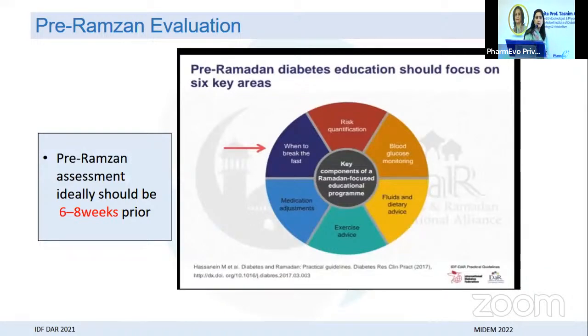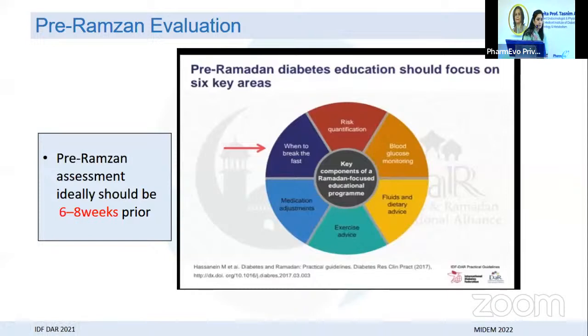What is his motivation for blood glucose monitoring? Fluid and dietary advice should be given. Diet and exercise, as already mentioned by Dr. Sabha. Medication adjustment is very important, and when to break the fast. Warning signs, red flags of hypoglycemia should be well highlighted in pre-Ramzan assessment to all the patients walking in your clinic.